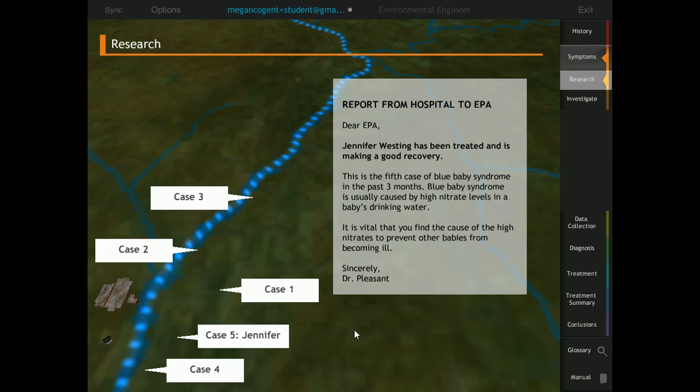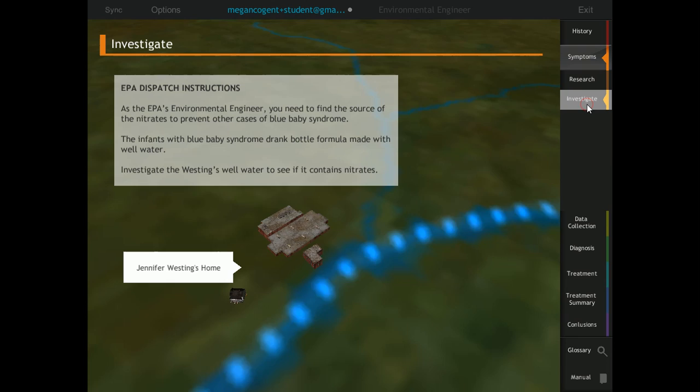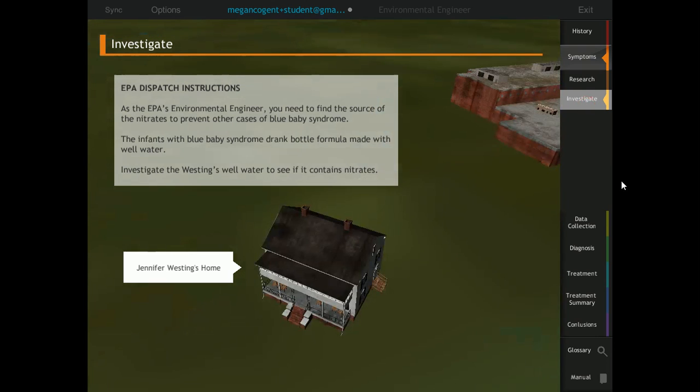As you can see here, there have been 5 different cases all around the same water source of blue baby syndrome. So let's go ahead and dive a little bit deeper and investigate this. As your job, as the environmental engineer, your job is to find the source of those nitrates and to prevent other cases of blue baby syndrome as well.